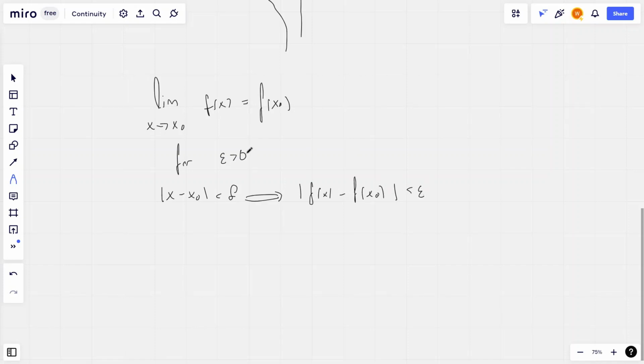This is the same thing as we've been doing this whole time, where our a from before and our L from before is now just x naught and f of x naught.